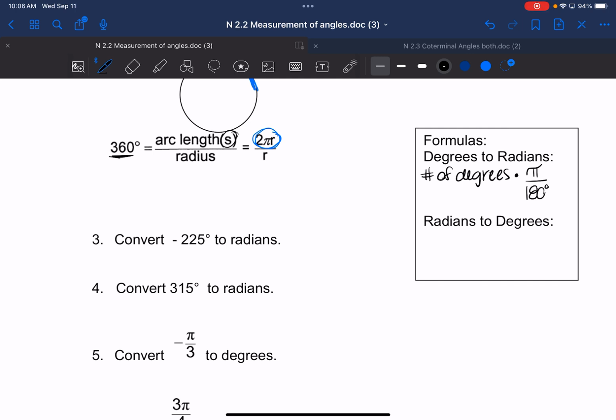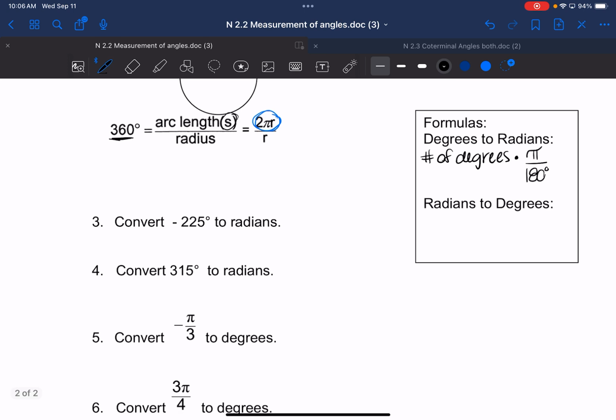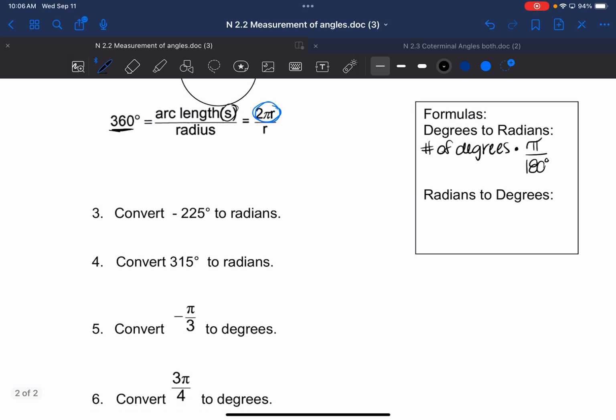All right. And if I want to go from radians back to degrees, then all I have to do here is take your number of radians that you are given and multiply that by 180 over pi. Okay? So that's our conversion method there.